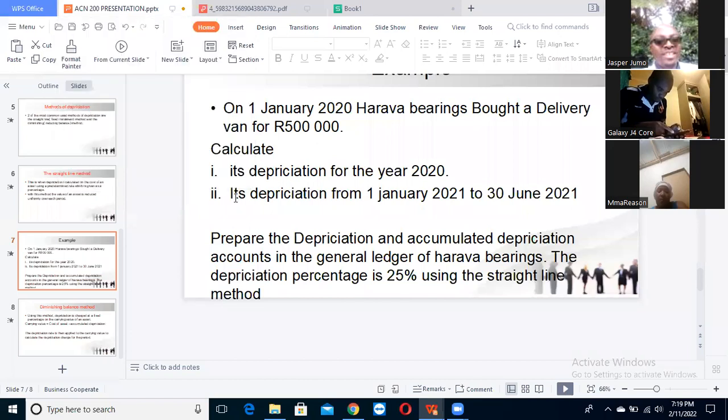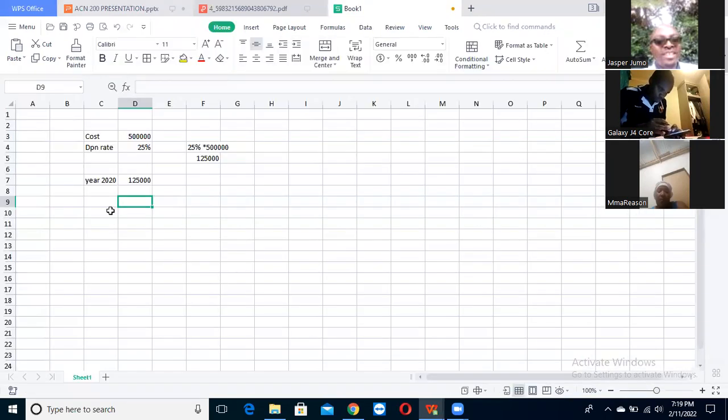Part two says calculate its depreciation from 1 January 2021 to 30 June 2021. So we say January to June 2021.